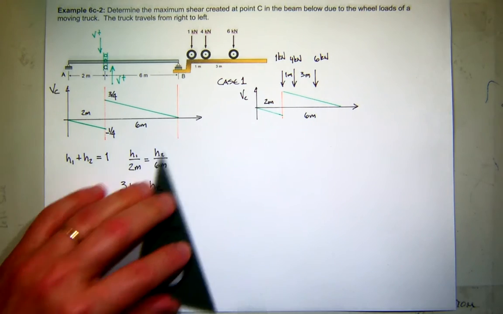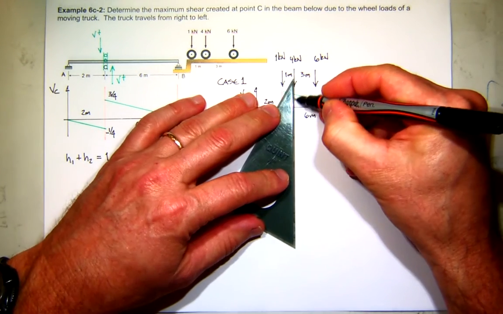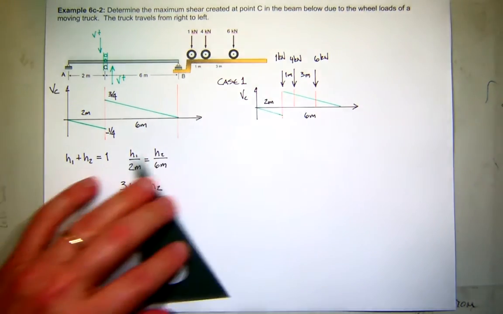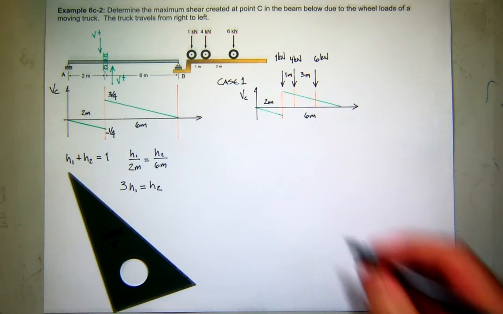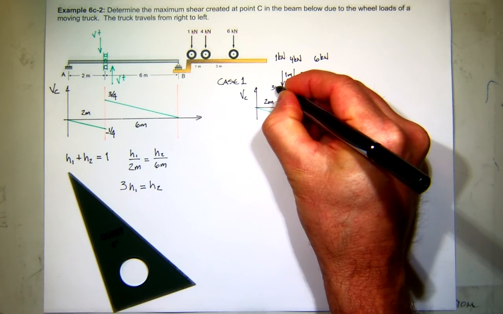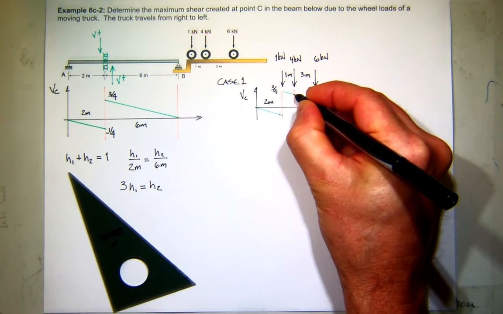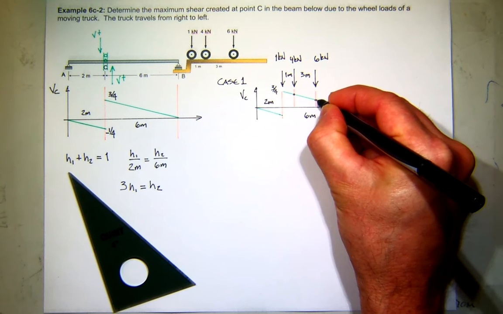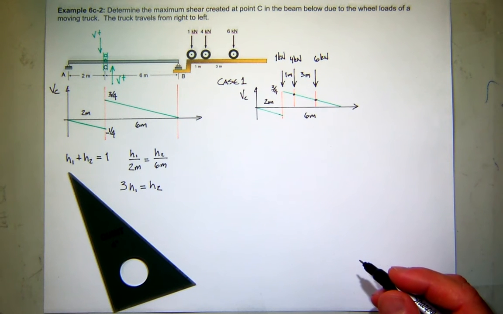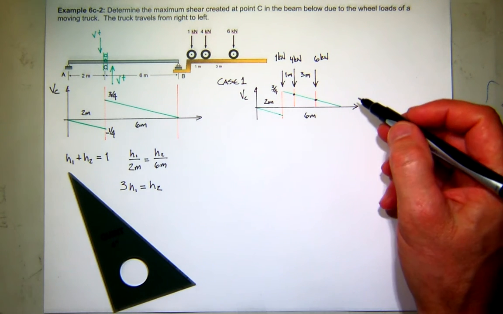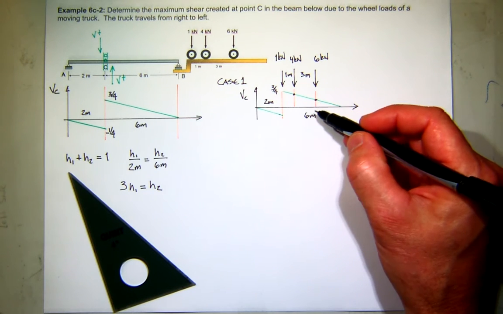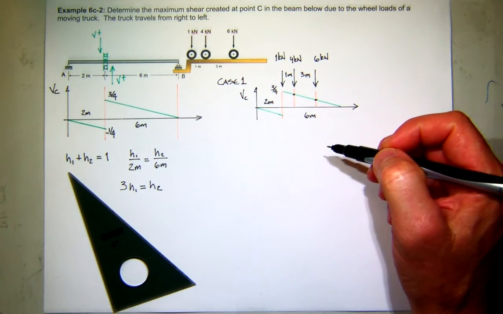So what I need to do now is find these values. I already know this maximum value is 3/4. What's this value and what's this value? Well, what's the slope of the line? We can do it by slope of the line, or we can do it by similar triangles, however you want to do it.